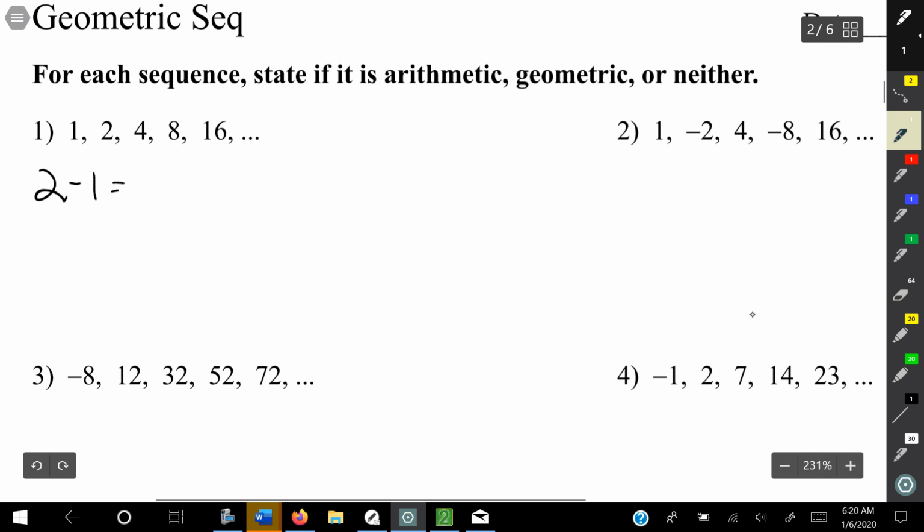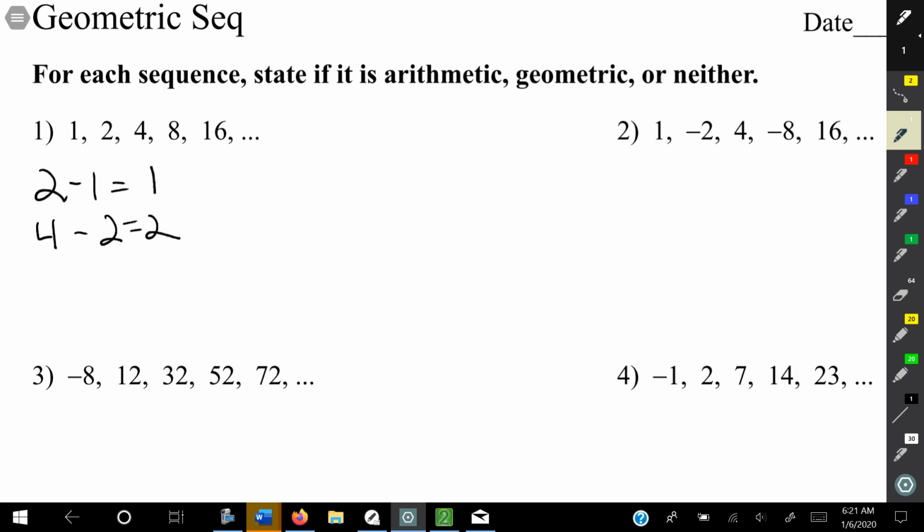When I do that, I get 1. Then I'm going to take the third term and subtract the second, so it's 4 minus 2, and I get 2. So you can see that it is not an arithmetic sequence.